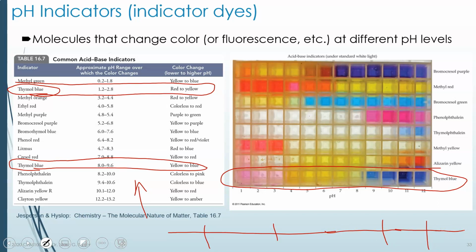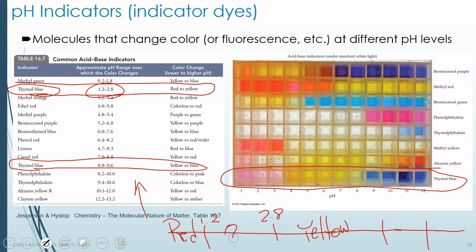If we had a pH range, this says that below 1.2, so if this was 1.2, it would be red. And above 2.8, let's say this is 2.8, this is not to scale obviously, we would expect yellow. And in between, we might expect something between red and yellow.